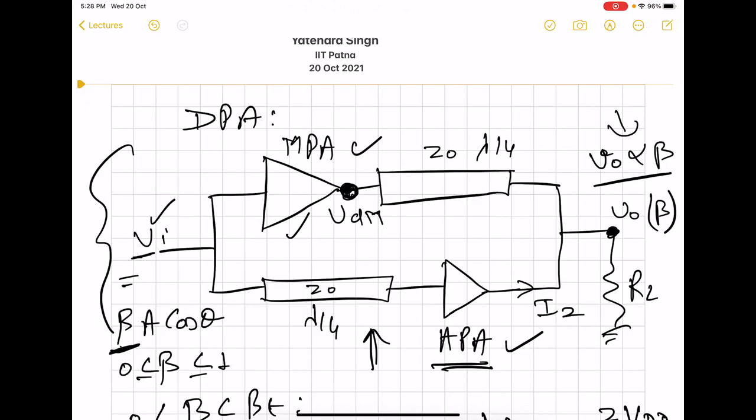So now we will try to show that whatever values of Z0, RL and I2 we calculated will indeed ensure this requirement.